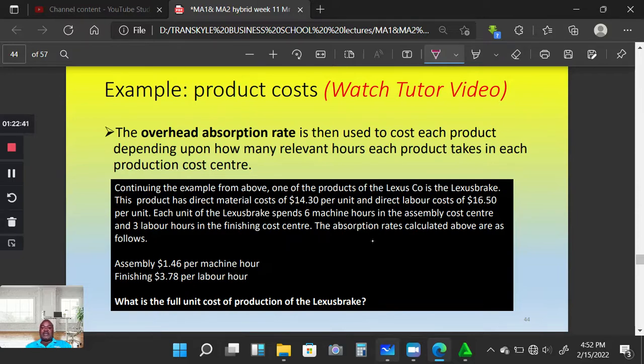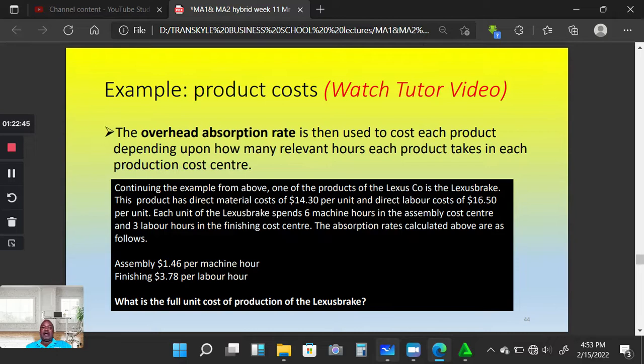Each unit of Lexisco brake spends 6 machine hours in the assembly cost center and 3 labor hours in the finishing cost center. The absorption rates calculated above are as follows: assembly, $1.46 per machine hour, finishing $3.78 per labor hour. What is the full unit cost of production of the Lexisco brake?